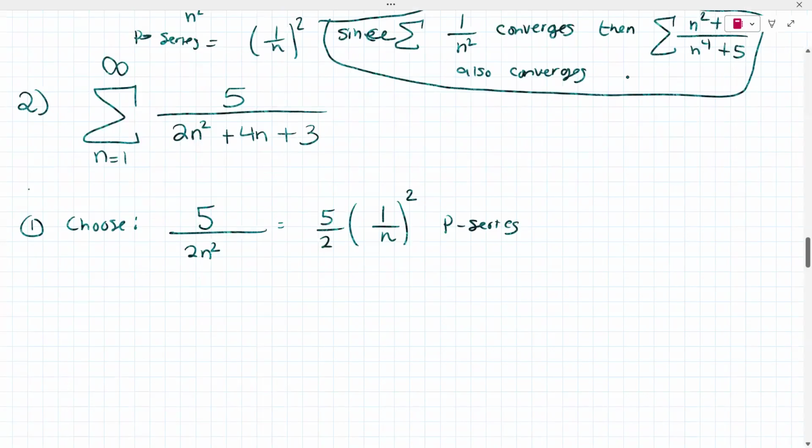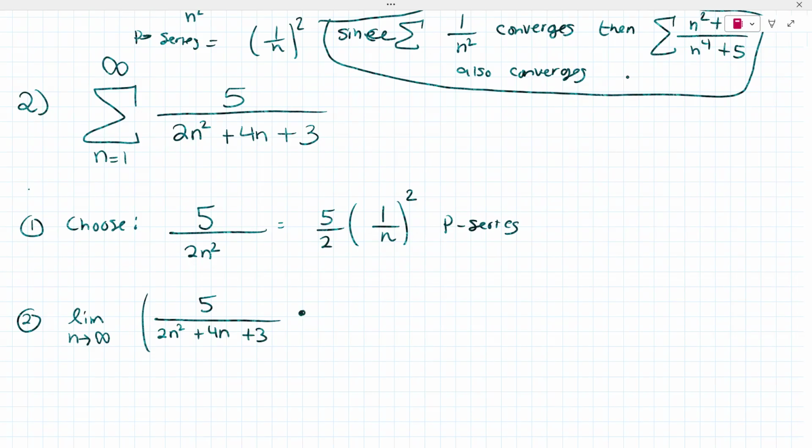Okay, step 2 is the limit as n approaches infinity of the original times the reciprocal of step 1. So our original is 5 over (2n squared plus 4n plus 3) times the reciprocal of our choice.